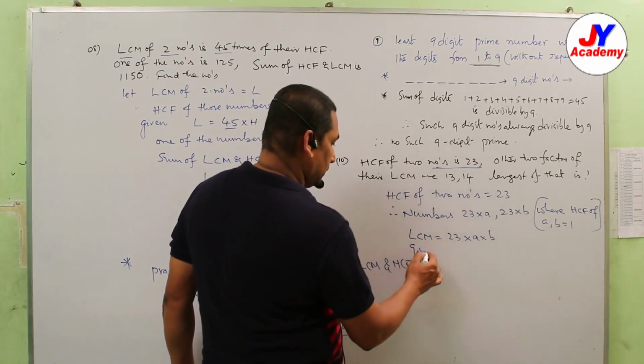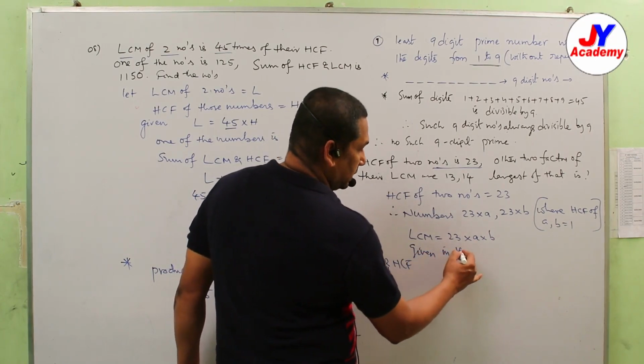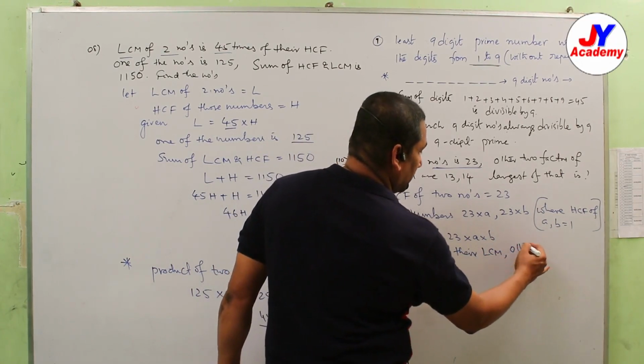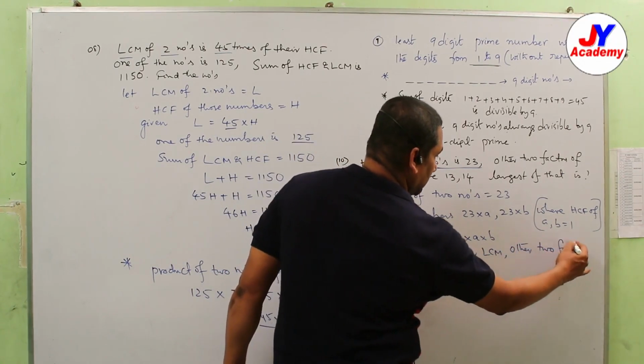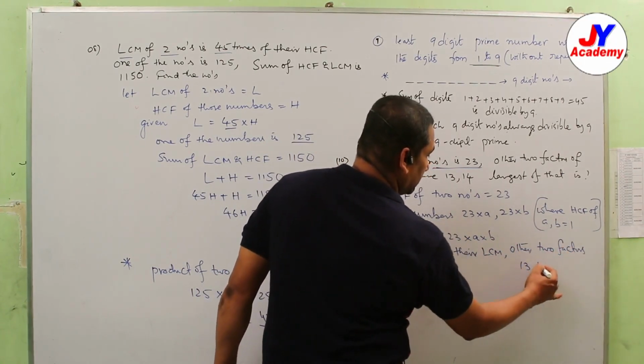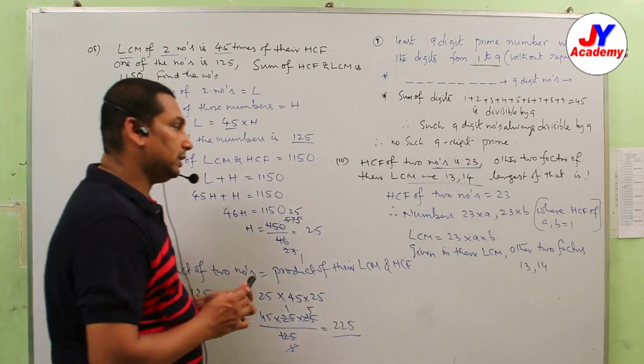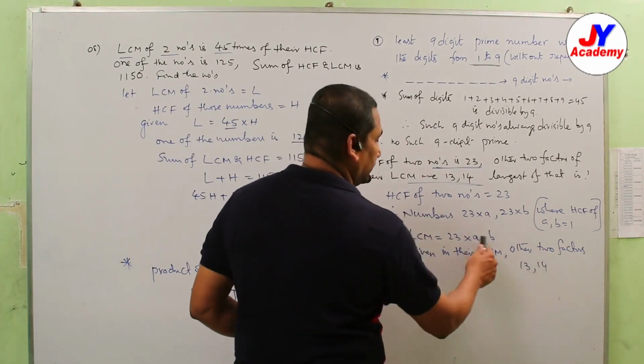Given in their LCM, the other two factors are 13 and 14. That is given in the question. So if A is 13, B is 14; if A is 14, B is 13.